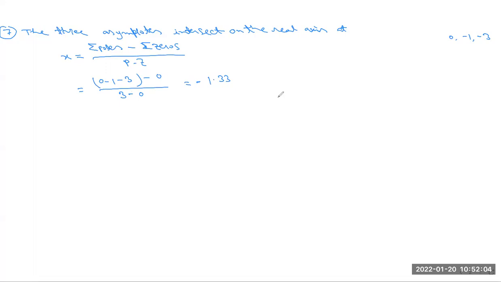So now, what is the basic root locus graphical method? Now we have to draw the diagram of that point. This is the real axis. Another one, this is the imaginary axis.